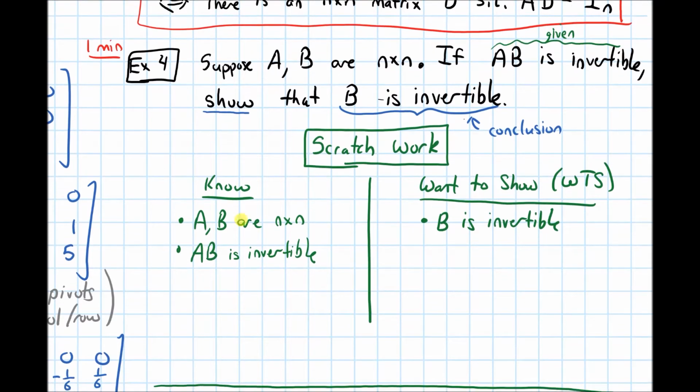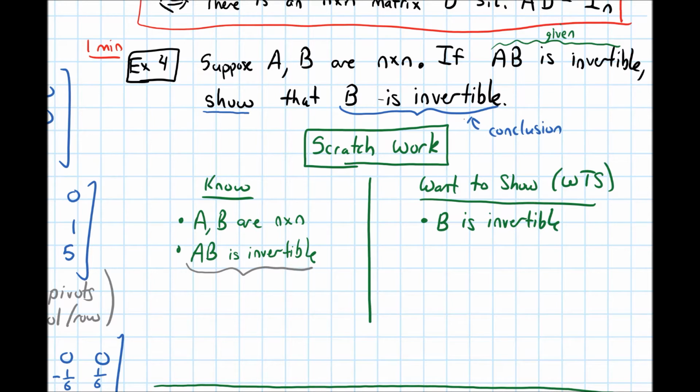After we write down the preliminary stuff that we know and the preliminary stuff that I want to show, then what I do is I'll usually start working with the stuff that I know and see if I can explain what this means. So for example, out of these two things, A and B are n by n, and A times B is invertible, the thing that gives me more information is the fact that A times B is invertible.